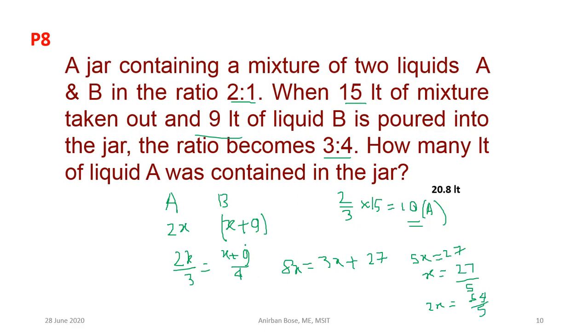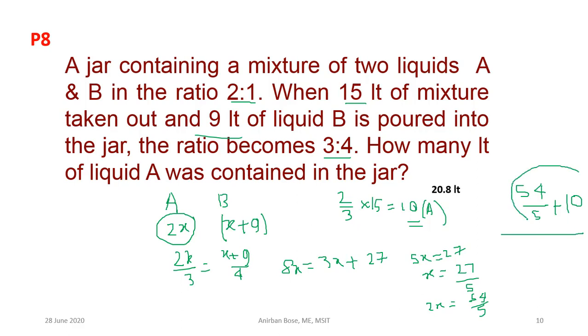So this is the 2x, that is the A present after 15 liters was taken out. So initially how much A was there? So 10 liters more. So 54 by 5 plus 10 liters, because that 10 liters was there initially.